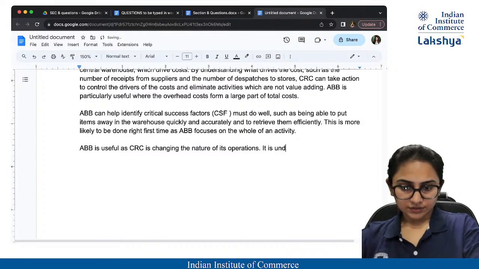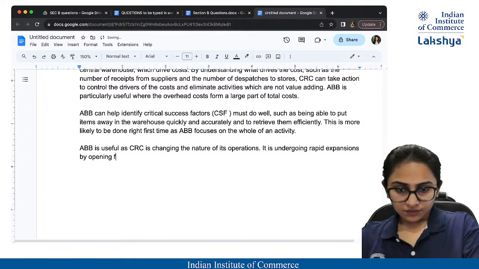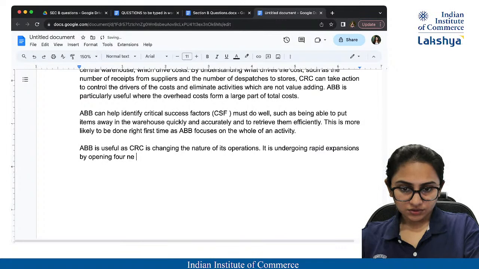It is undergoing rapid expansion by opening 4 new stores a year. This is also likely to be a change in the nature of its business.